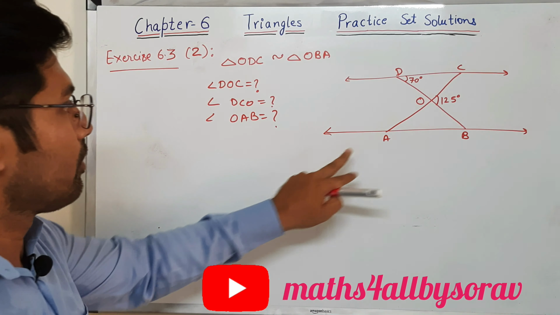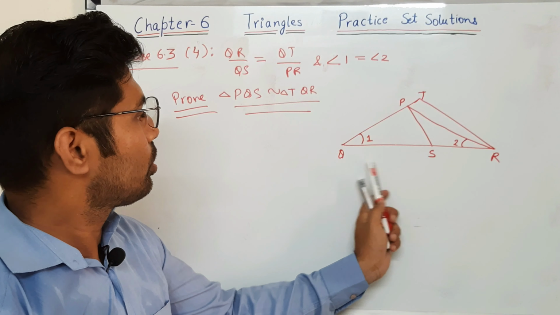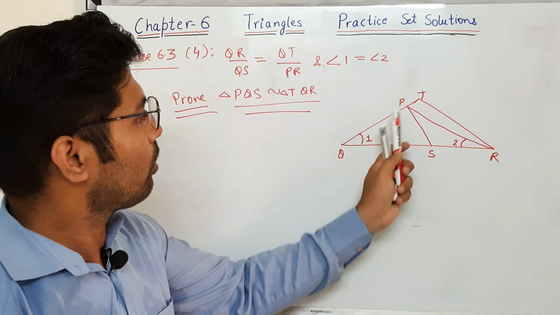Okay guys, now come to our next question. In this we have been given a triangle and this figure, and angle 1 is equal to angle 2, and there is also one condition given: QR upon QS is equal to QT upon PR.